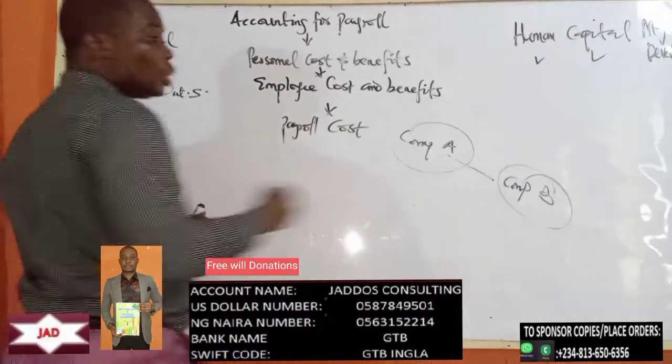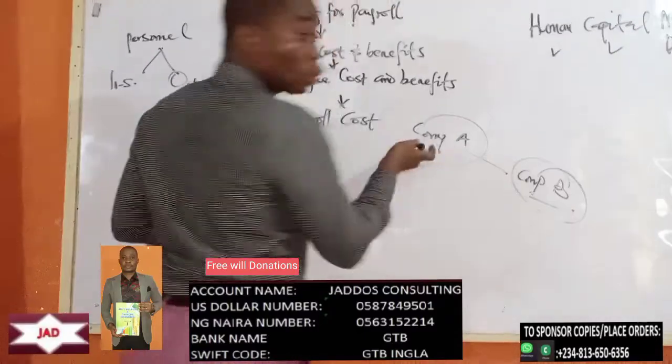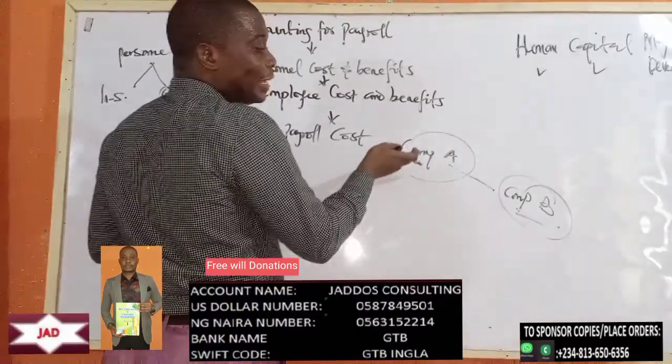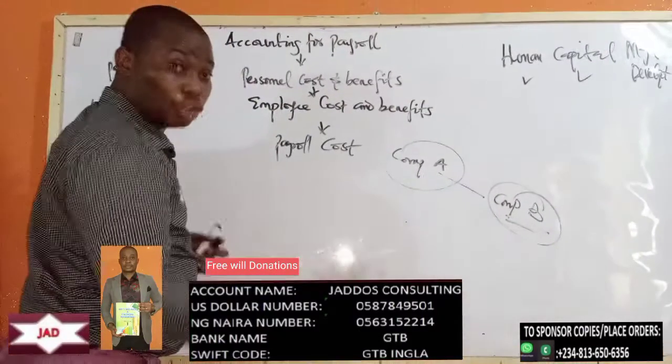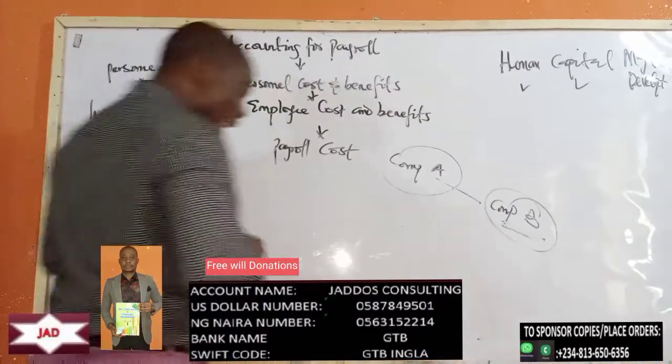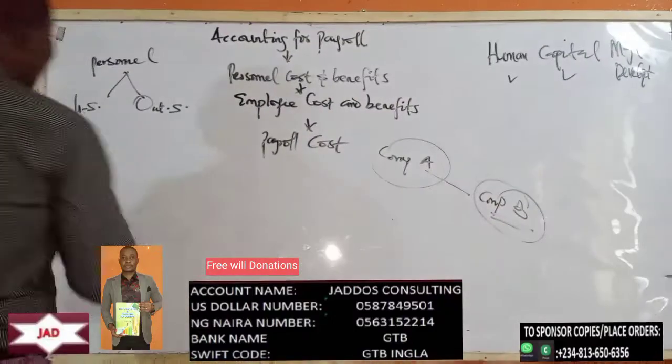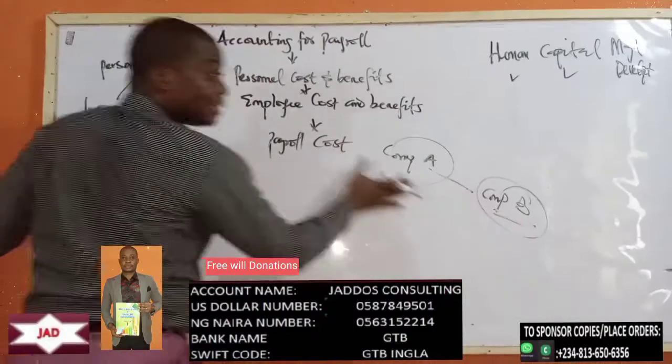So at the end of the month, company B sends an invoice to company A, then company A settles company B for that job.